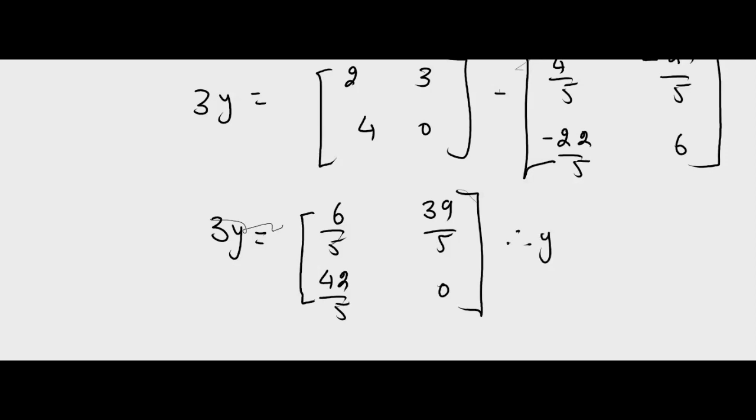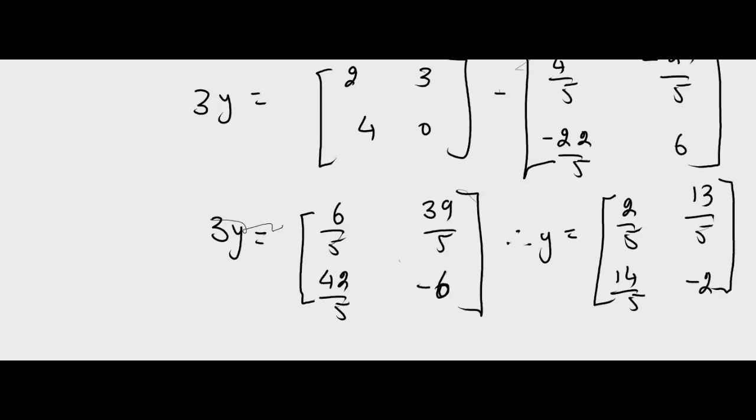Therefore, y is equal to 1 by 3 times the matrix. Dividing throughout by 3, I will get [2/5 13/5; 14/5 -2]. I'm sorry, children, 0 minus 6 is minus 6 here, so dividing it by 3 would give you minus 2.